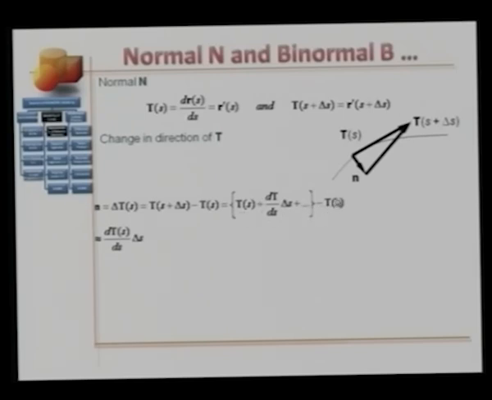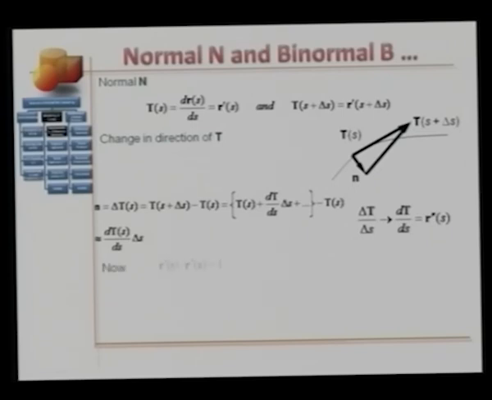These two will cancel out, and if we ignore the higher order terms, delta t will be approximated by dt over ds times delta s. For 2 points very, very close to each other, delta t over delta s will take the differential form dt over ds, which will be given by r double prime s. Remember that we are using the prime notation to represent derivatives with respect to the natural or the arc length parameter.